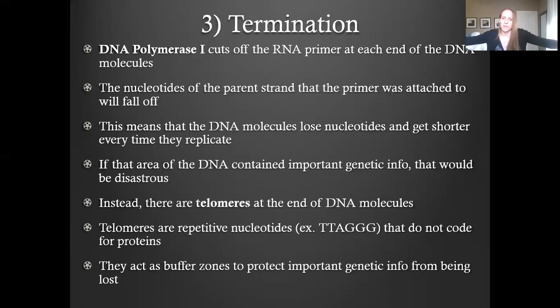Usually they're just TTA, GGG, TTA, GGG, TTA, GGG. And then in the middle of the DNA molecule is like the important stuff that you don't want to lose. So those telomeres kind of act as a buffer zone that, again, every time the DNA replicates, you're losing some of that buffer zone, but you're not going to get to the important DNA information in the middle.